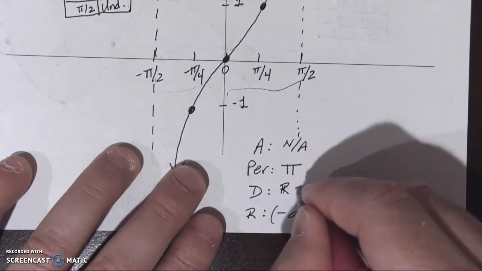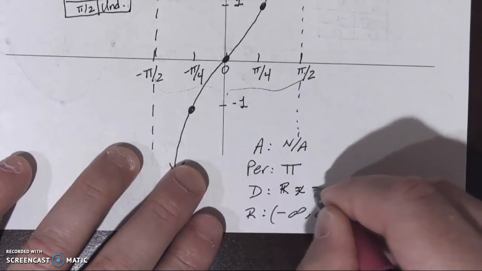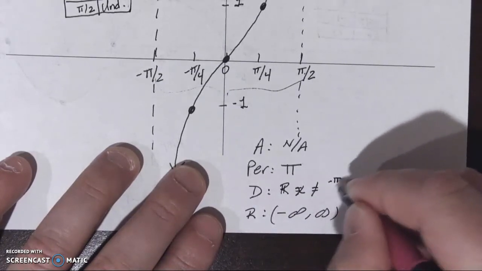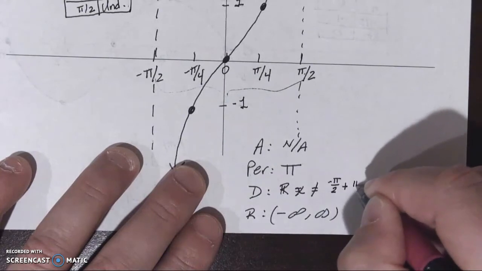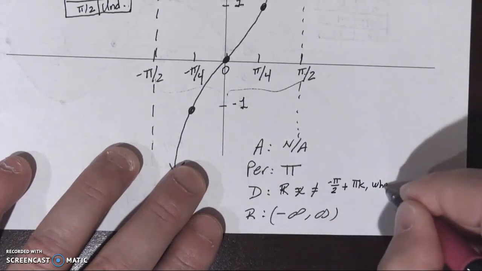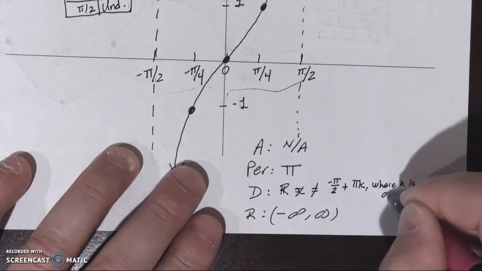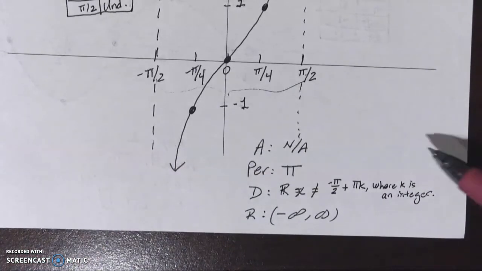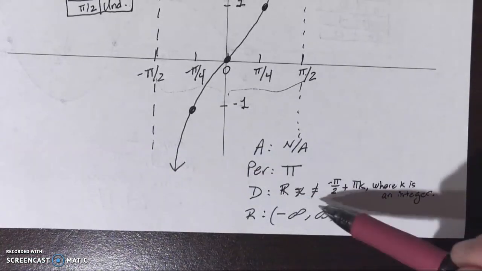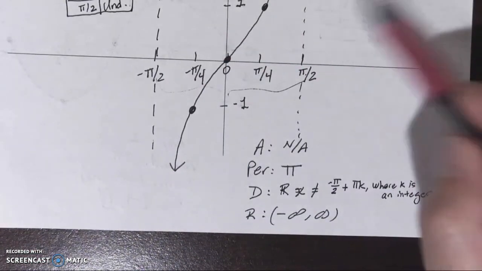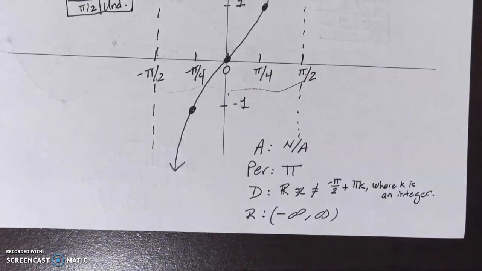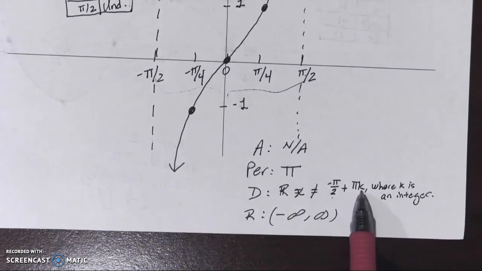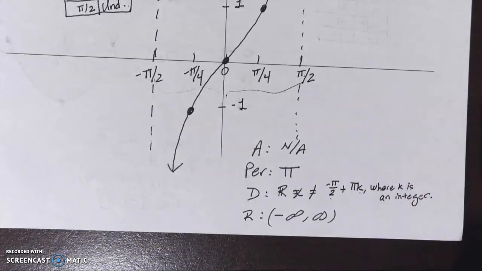All real numbers where x cannot equal -pi over 2 plus pi k, where k is an integer. Okay. We'll talk a lot more in class about the domain of functions that have asymptotes but repeat themselves. This is basically one of the asymptotes for any integer. You come to the x value, you'll find an asymptote.